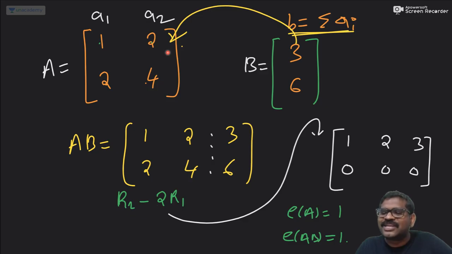Please remember, rank is nothing but the number of non-zero columns. All the columns are proportional. Therefore, rank of A and rank of AB are equal to 1 only. So, if B is sigma Ai, you can understand that B is depending on A. Then only rank of A and rank of AB would be equal.